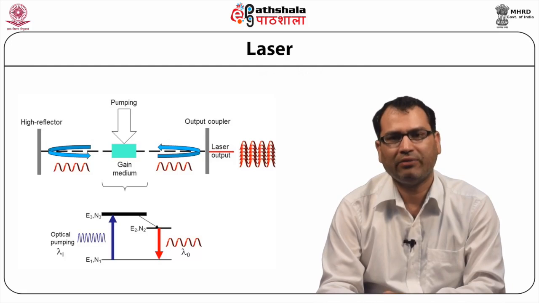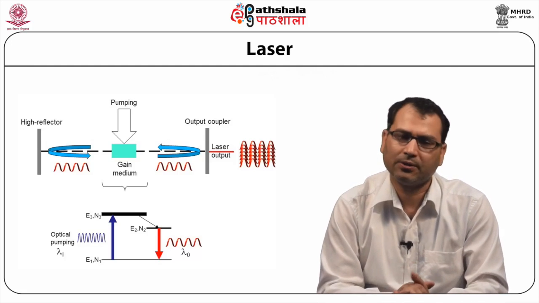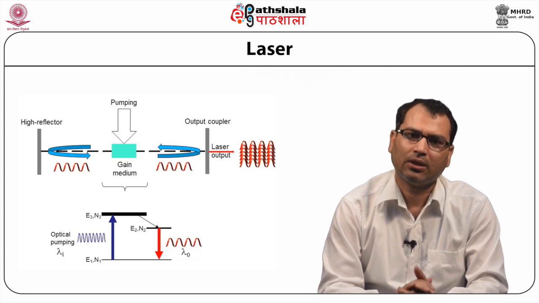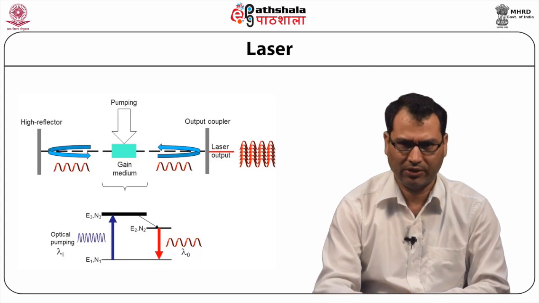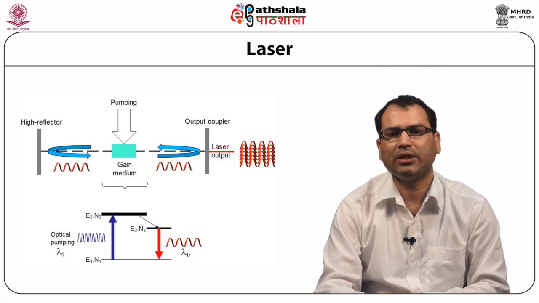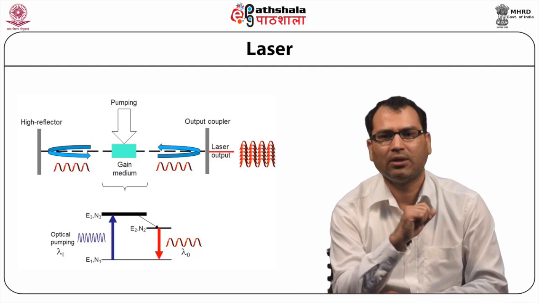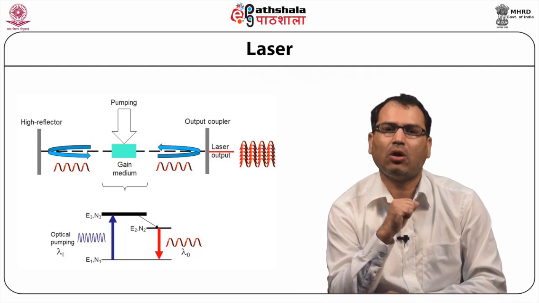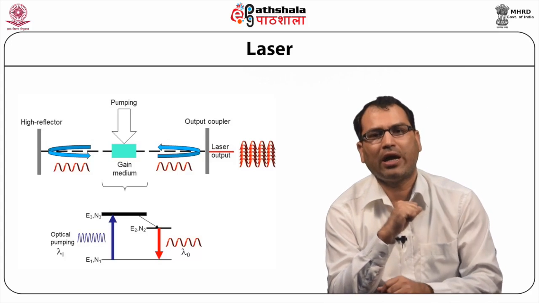So the lasers are available in various forms. They can be continuous lasers, meaning the light output from the laser is continuously available as a function of time. The output of lasers can be in the form of pulses, meaning you get the light energy in the form of pulses. There are lasers which are called low power lasers, and there are lasers which are called high power lasers.